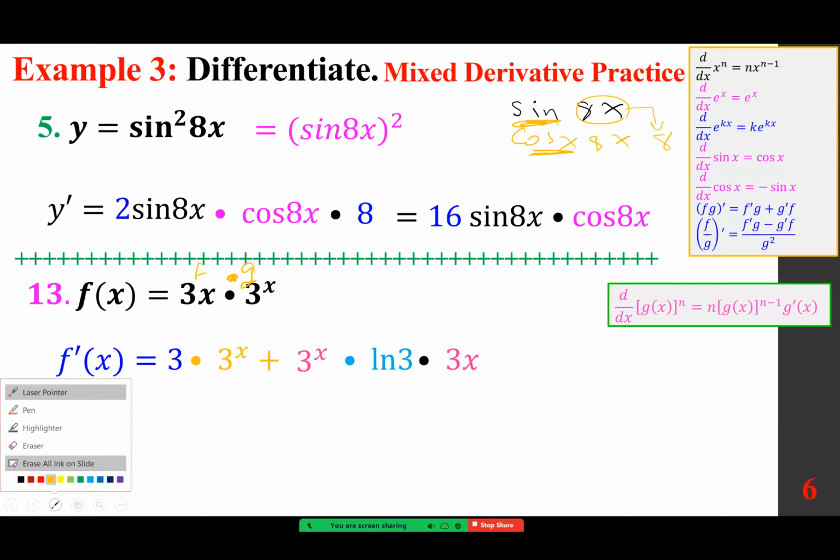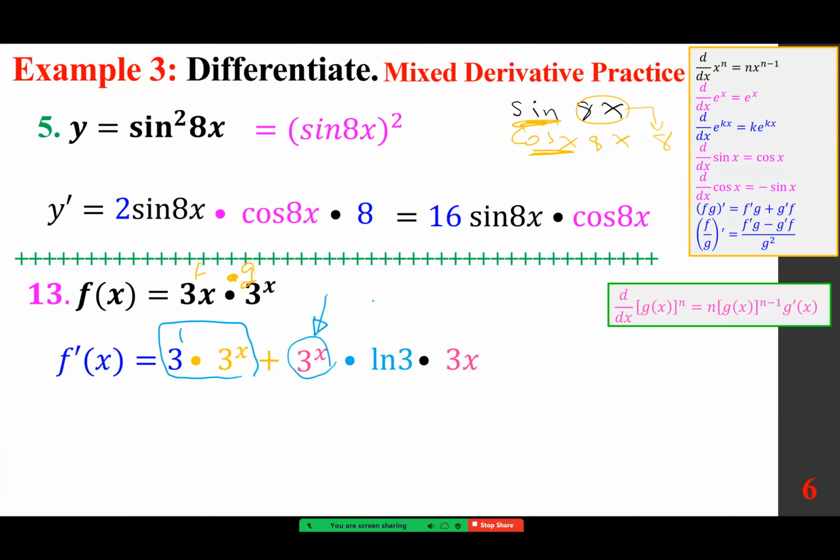I want you to notice if I put number 1 here, this makes it 3 to the power of 1 plus x, or x plus 1. Therefore, for the second piece, this one and this one will do exactly the same. So this is 3 to the power of x plus 1. The second one is the same thing, 3 to the power of x plus 1.